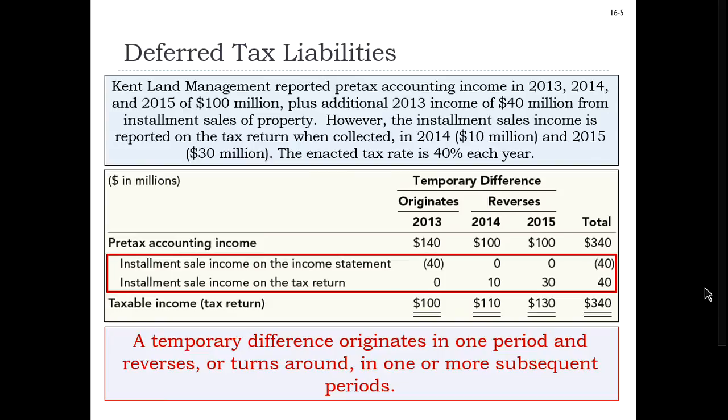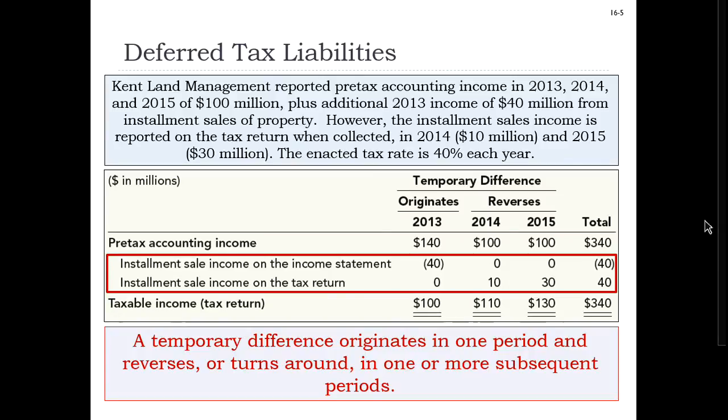The pre-tax income, as we see here for years 2014 and 2015, was $100 million each year. All right. For the tax return, income from the installment sale method is going to be reported when it's actually collected, which would be this $10 million in 2014 and the $30 million in 2015.